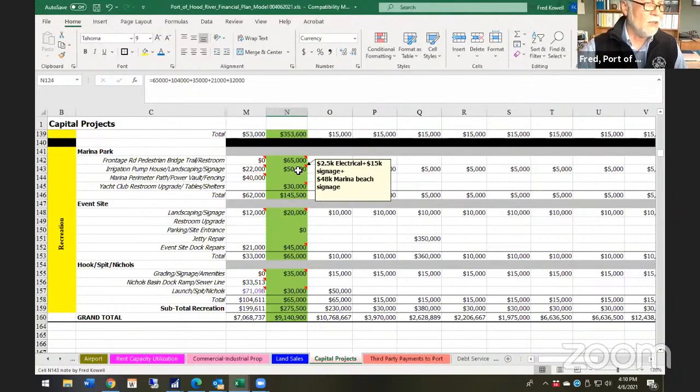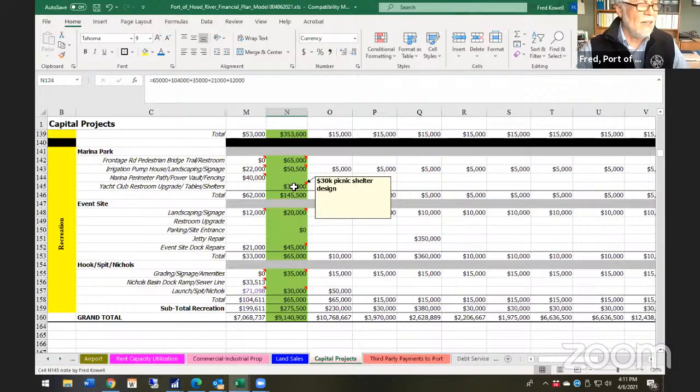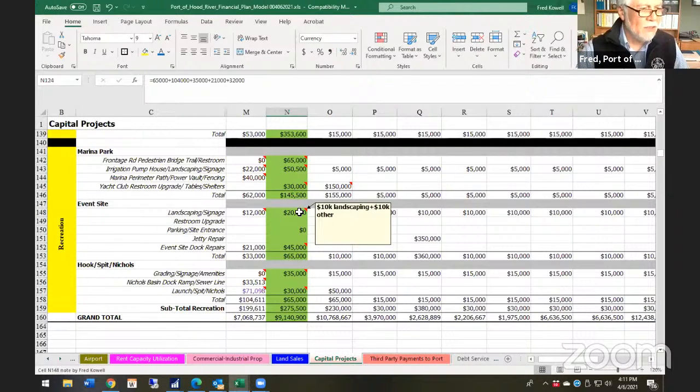The other piece has to do with Marina Beach signage and some electrical work in and around Marina Park, and then some picnic shelter design work for another picnic shelter. Whether or not we want to do that, our picnic shelters are used constantly, and we feel there is a need, and it would be a revenue generator for the Marina Park.